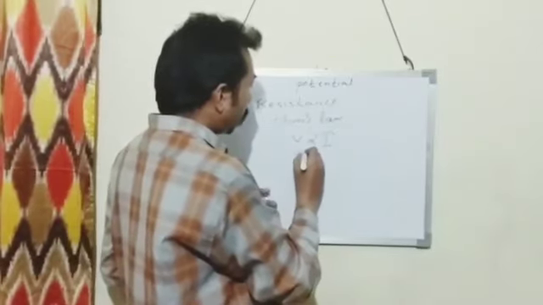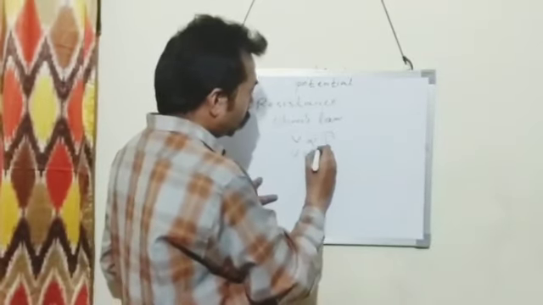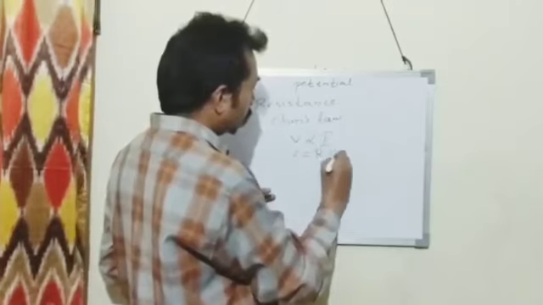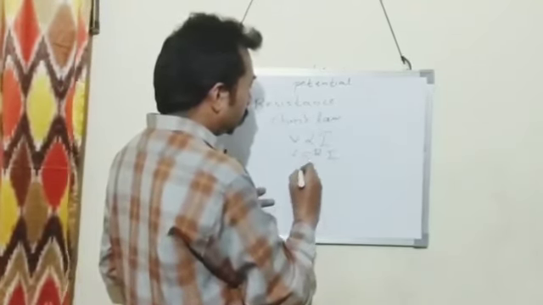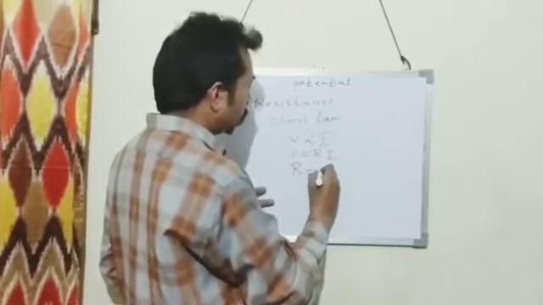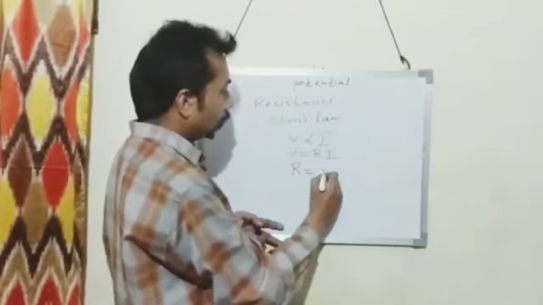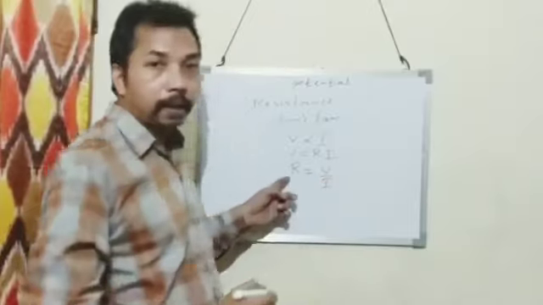Then for removing this proportionality sign, we multiply with a constant. This constant is called electrical resistance, and if we make resistance the subject, we get R equal to V upon I.